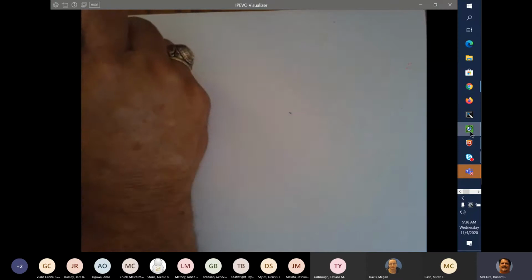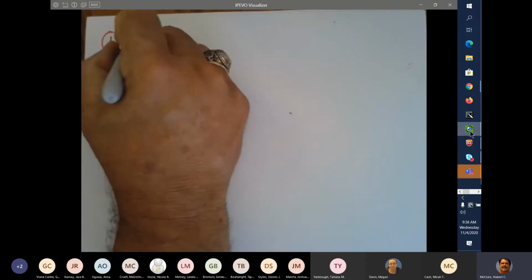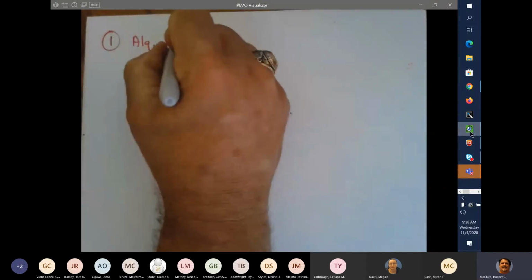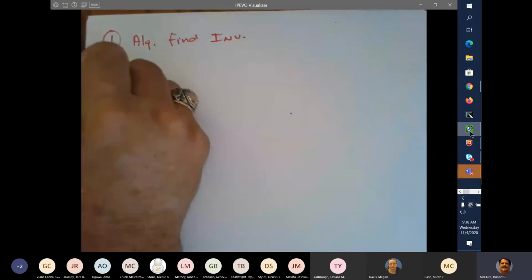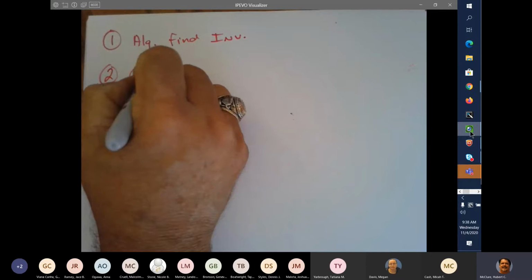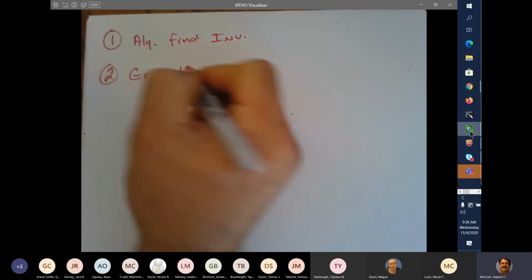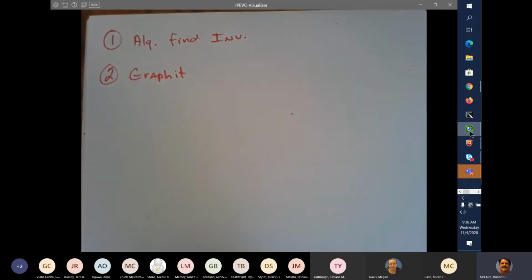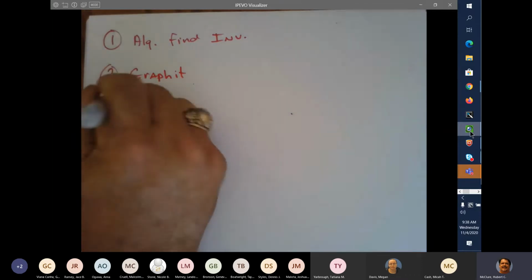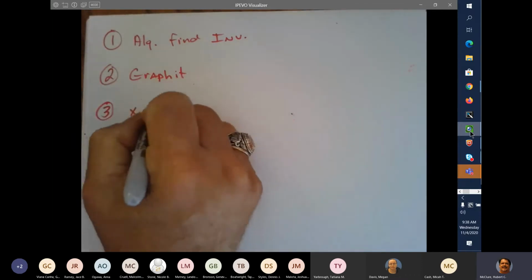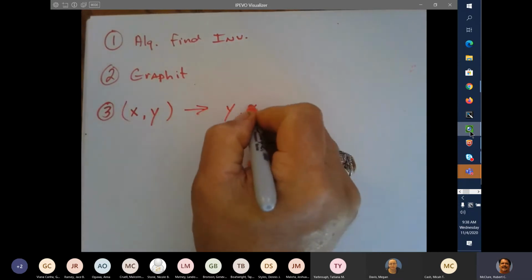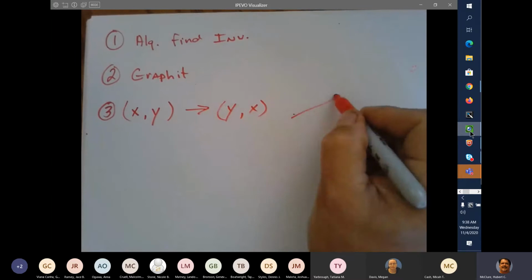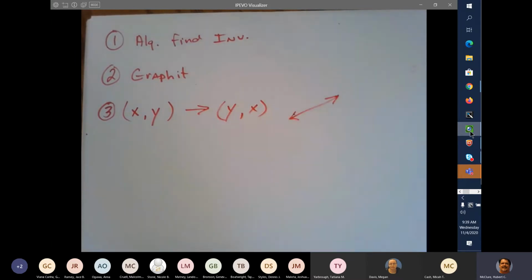1, be able to algebraically find it. 2, be able to graph it. And when I say graph it, I mean on the calculator, and be able to manipulate it, be able to find things on it. 3, make sure you know that (x, y) is going to go to (y, x) around the oblique asymptote.